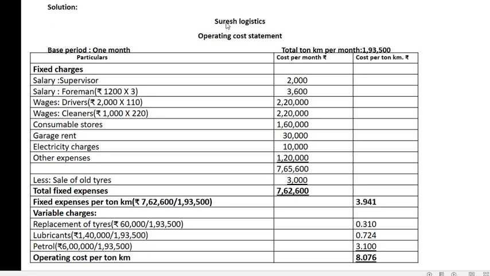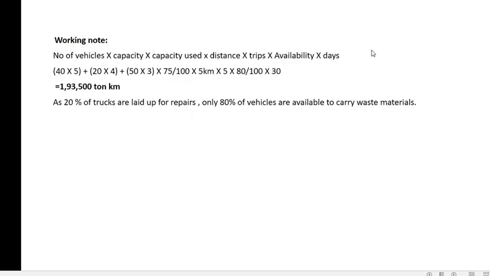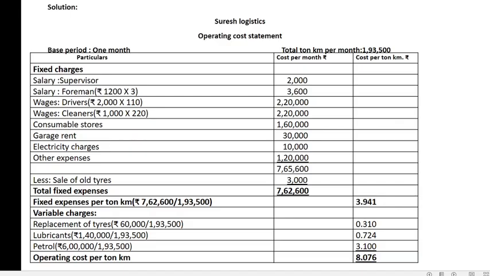So we have, with the help of a working note, total ton kilometer per month, 1,93,500 ton kilometer, we had calculated. Then we had taken the various fixed charges. The total expenses were 7,62,600.